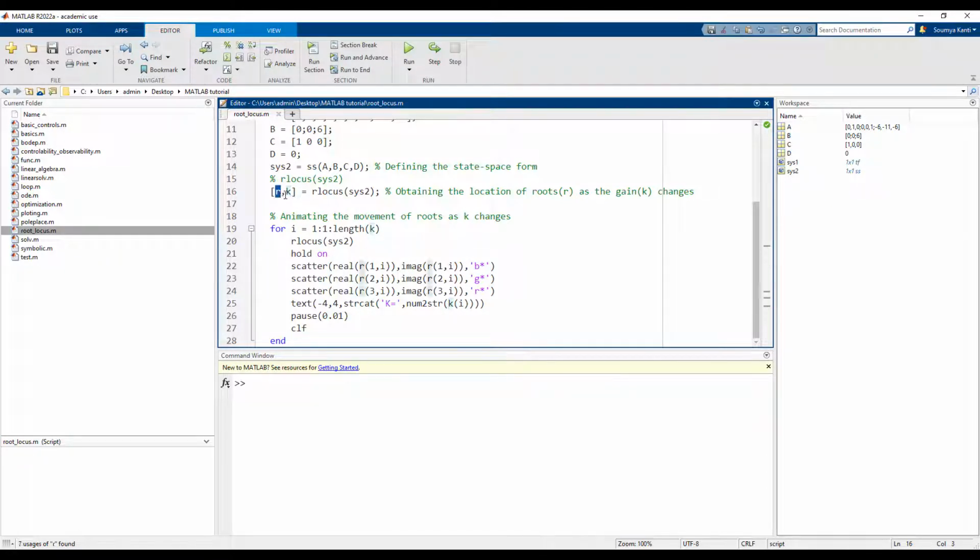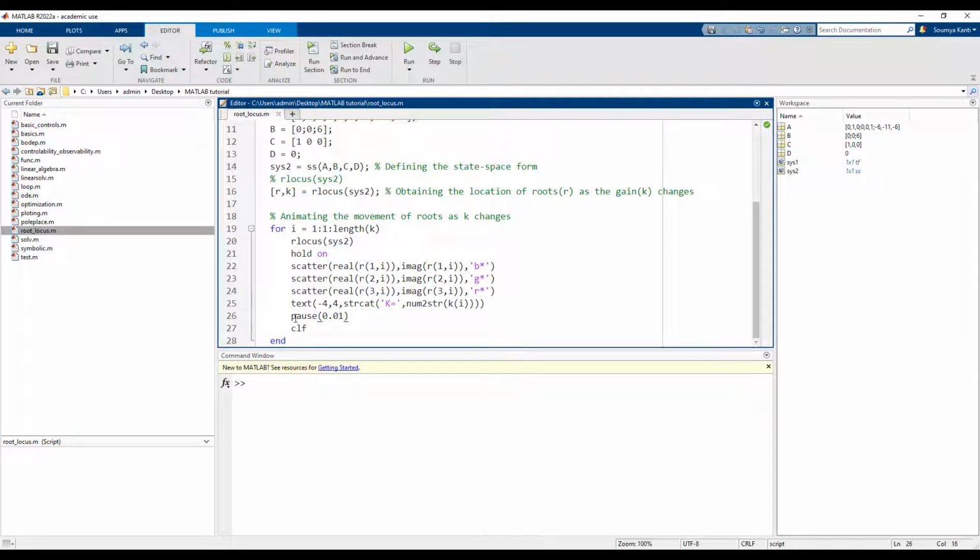There are 3 branches, so it will accumulate 3 r's, and it will also get the corresponding gain values. I am taking the first root, the real part and the imaginary part, and doing a scatter plot in blue star, and similarly for the second root and the third root. I am also writing out the value of k here.